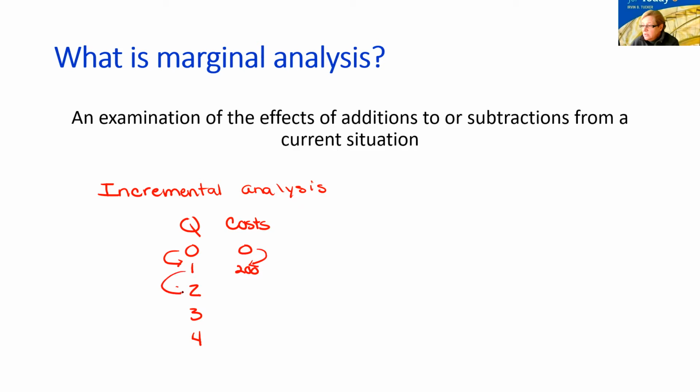And then my costs will go up, I'm just going to make this easy, 400. And then 600, and so on. So this is incremental analysis, and this is essentially what economists study, and it's what we do.